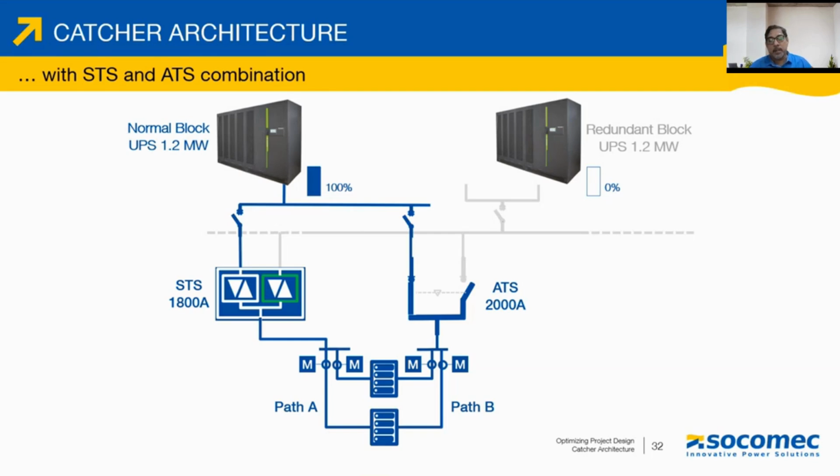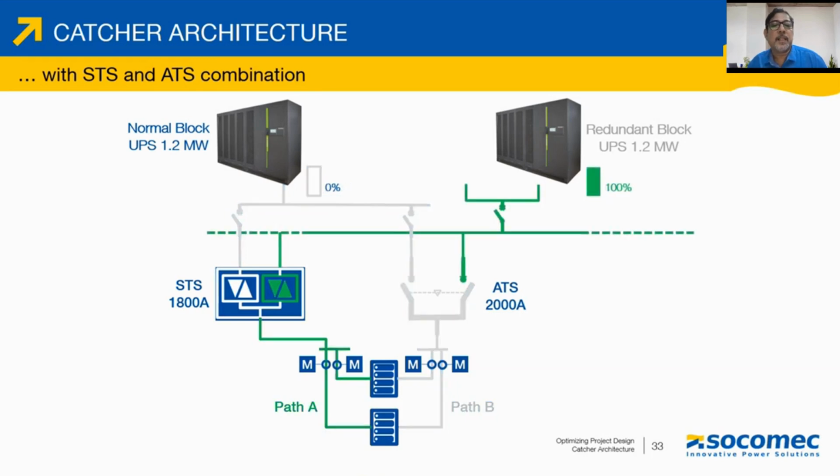So now, suppose the STS has to be activated for any maintenance purpose or any inability of the main UPS system. The catcher supply will be extended by the STS to the server. That is fine. At the same time, as you can see here, the ATS can also ensure, although there will be an obvious delay, that the delay is not significant because the primary continuity of uninterrupted power is maintained by the STS, right?